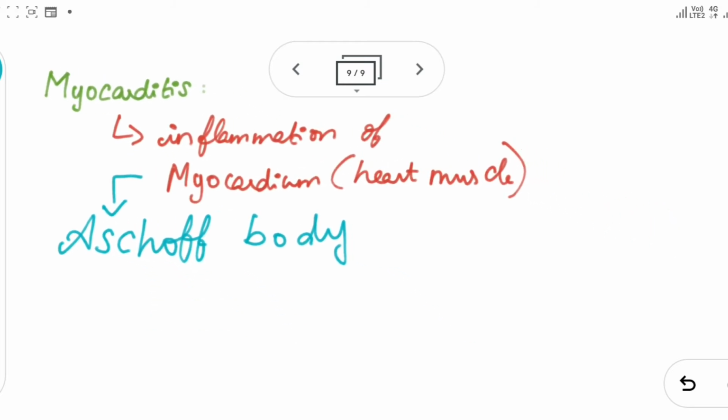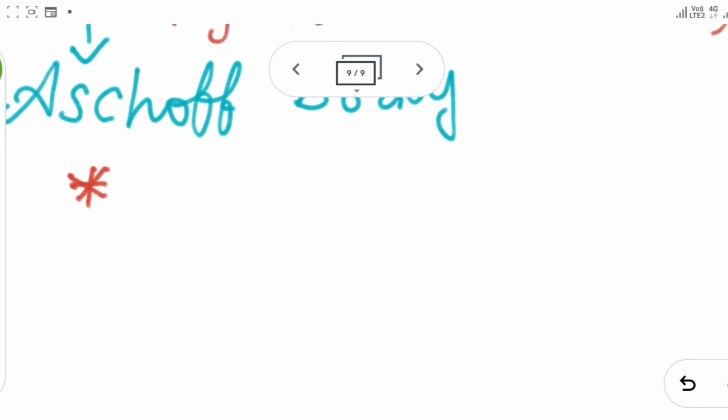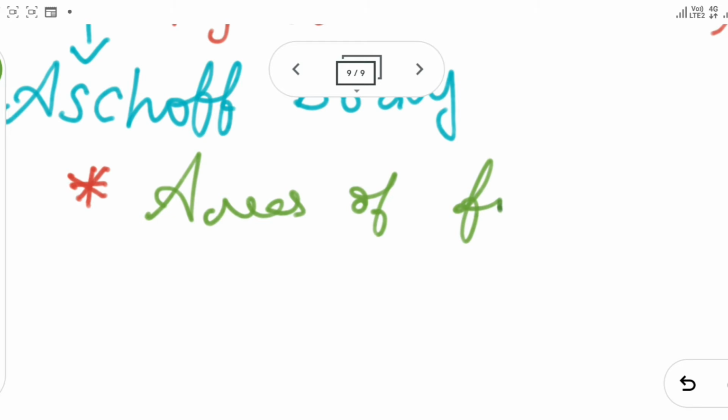The Aschoff body contains areas of fibrinoid necrosis.